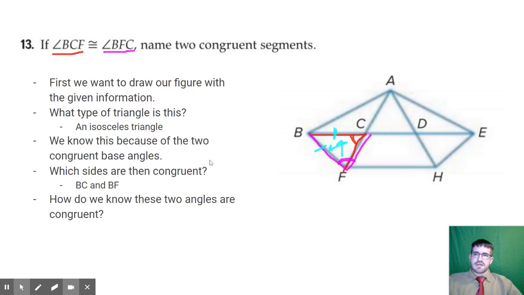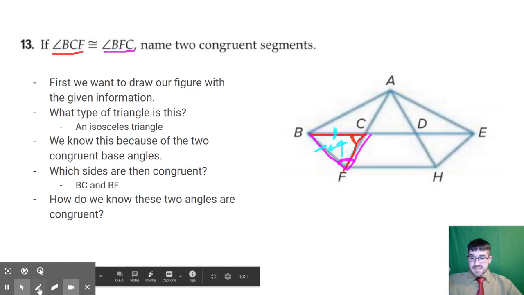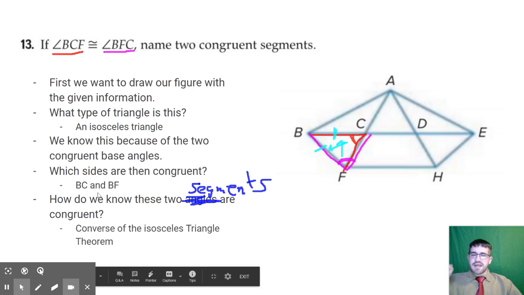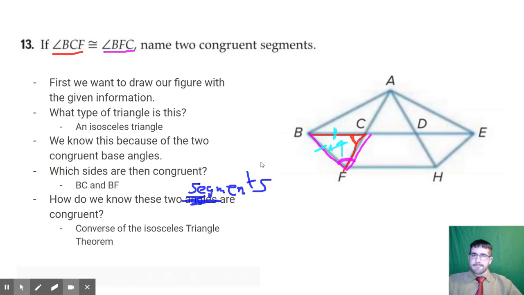I'm sorry, it should be segments. How do we know these two segments are congruent? Segment BF and segment BC. That is by the converse of the isosceles triangle theorem. Because we're given the angles, therefore we can prove the sides are congruent by the converse.